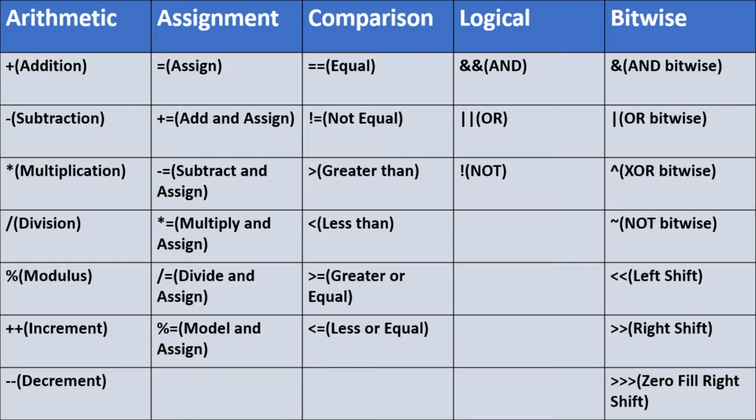And then we have the double plus sign that is used to increment the value by one. In other words, we add one to the variable, and in the opposite case, decrement means we subtract one from the variable.